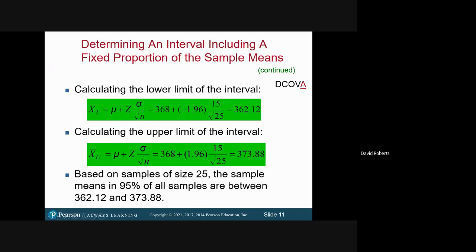So I look at it this way: there's a 95% chance that the values are between those two numbers, and a 5% chance that it's going to be outside. We will use this in upcoming topics to determine the likelihood that you're correct or the likelihood that you're going to make a mistake.